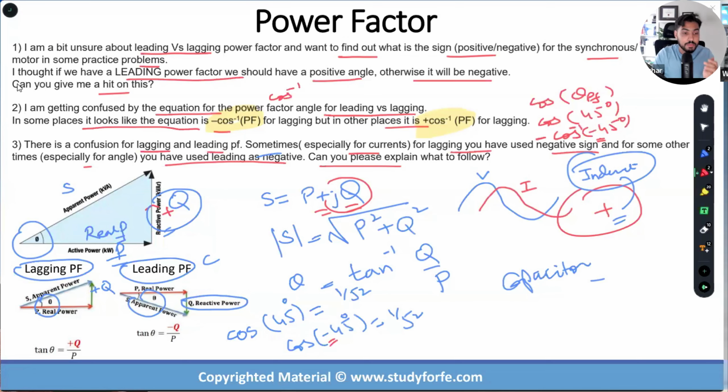So cosine inverse, let's say power factor is 0.80 lagging. 0.80 lagging means that when you're calculating the power factor angle, you're going to say that theta power factor is plus, positive. You're emphasizing that, and you've seen me do that in several practice problems related to power factor, where I say it's going to be plus. Theta power factor is plus cosine inverse 0.80, correct? For lagging.